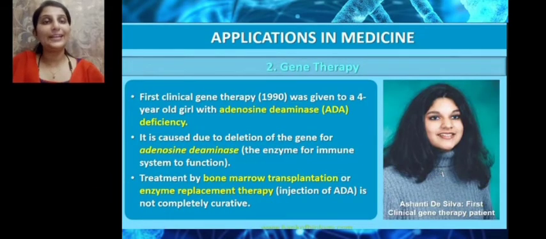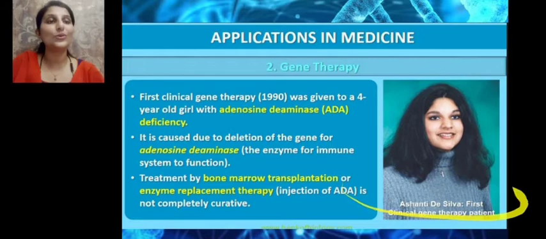The first clinical gene therapy was done in 1990 and was given to a 4-year-old girl who had ADA deficiency, that is adenosine deaminase deficiency. The particular gene was defective, so in that child the gene was not able to express and produce the enzyme adenosine deaminase.